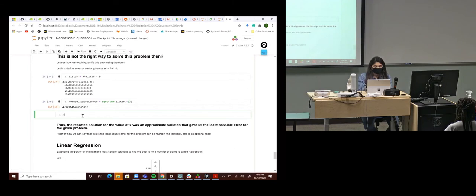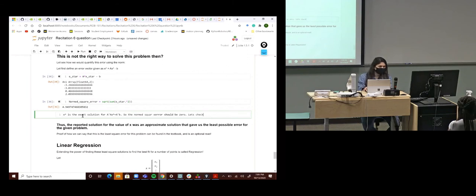We know that x star is the exact solution for A transpose A x star equals A transpose B. So the norm square error should be 0. Let's check.